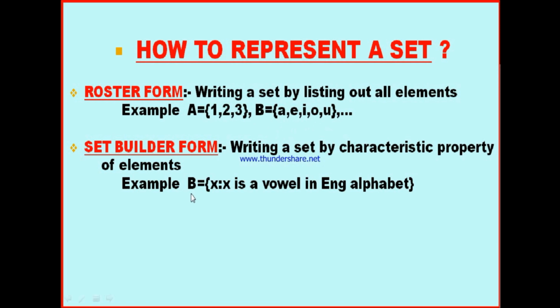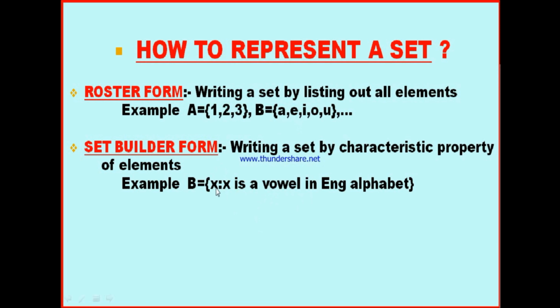But in this case we wrote B is equal to {x such that x is a vowel in the English alphabet}. In the English alphabet, what are the vowels? A, E, I, O, U are vowels. There you listed all the elements, therefore it is roster form. But here you wrote the condition, or the property of the elements, therefore it is set builder form.